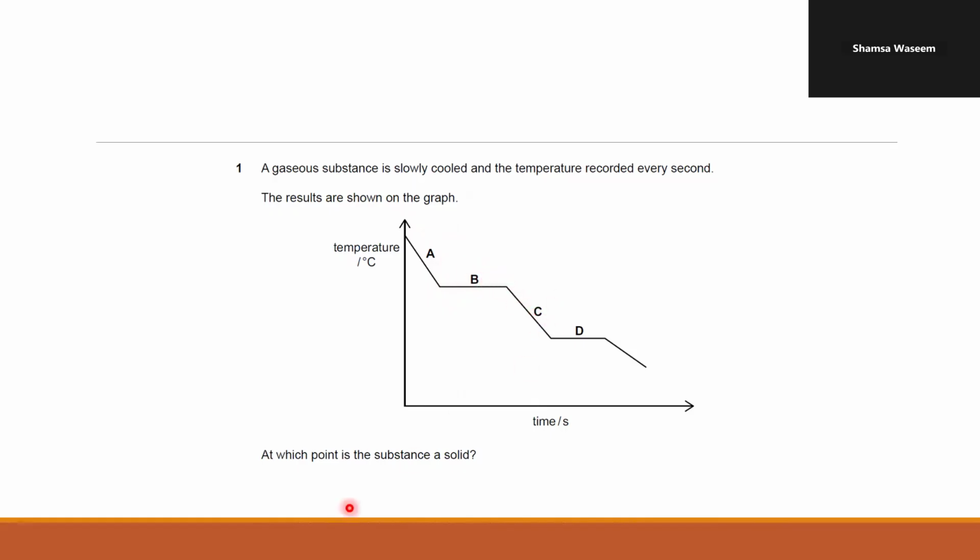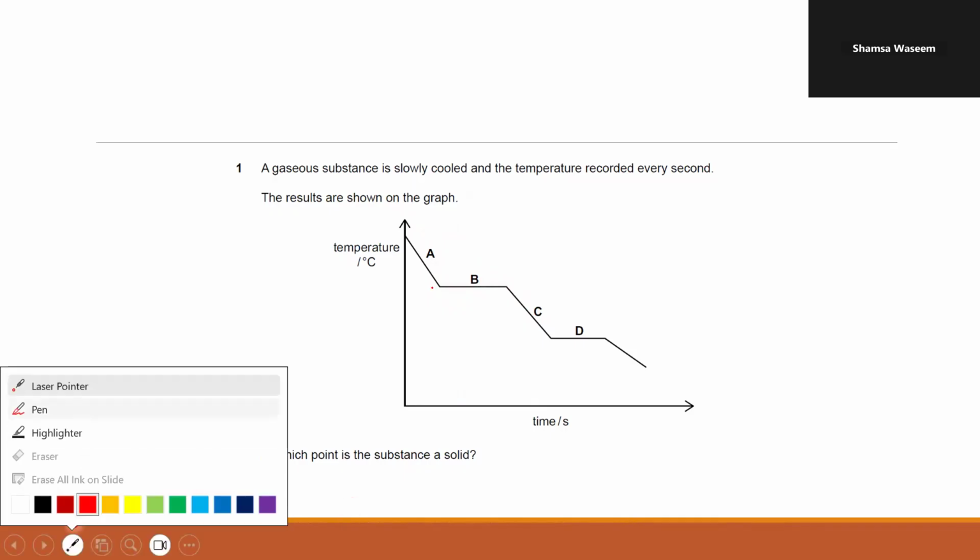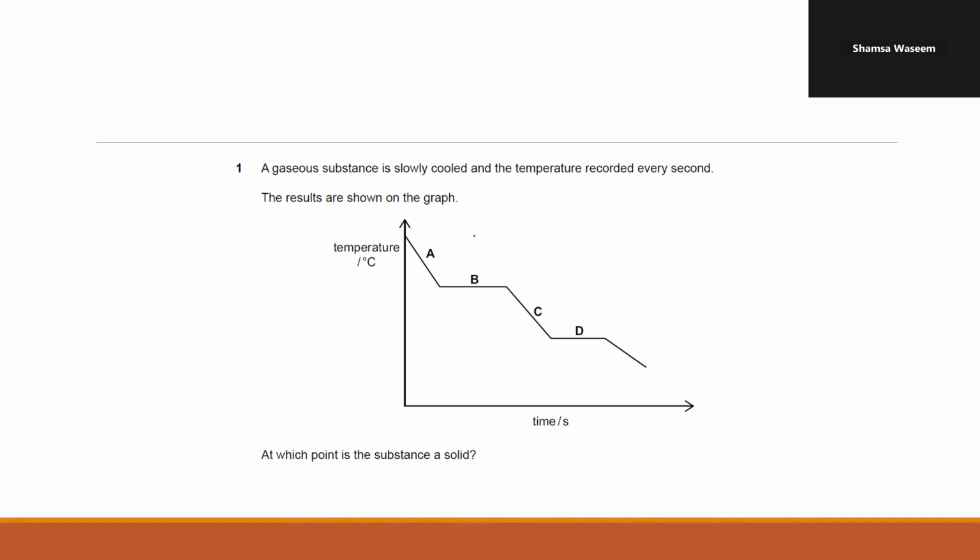Let me write it down here. At A, we are going to have the gaseous state. Over here, we'll have both, so write it down like this: the gaseous as well as liquid state, when all of the gas is converted to liquid. Now at point C, we will have the liquid state.